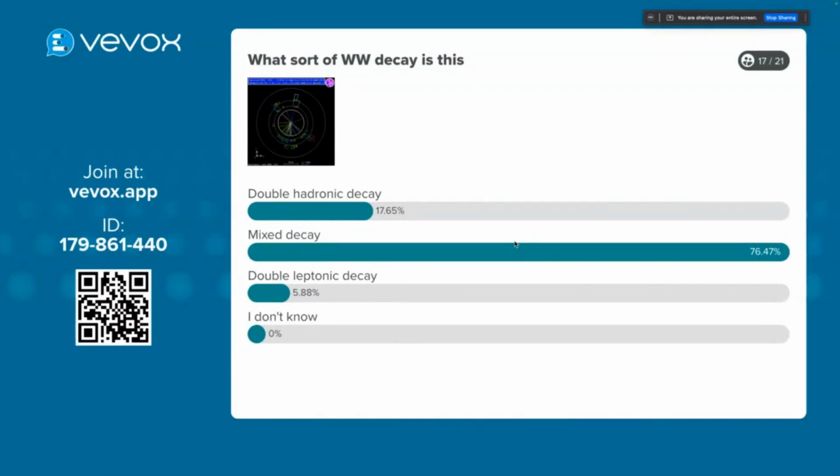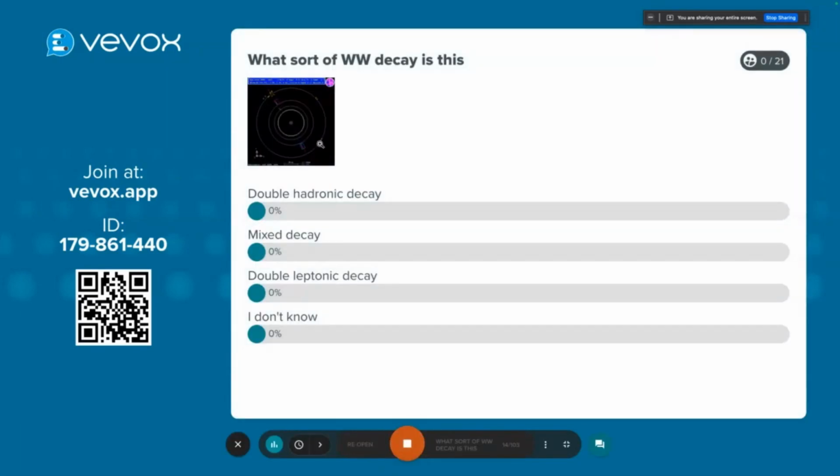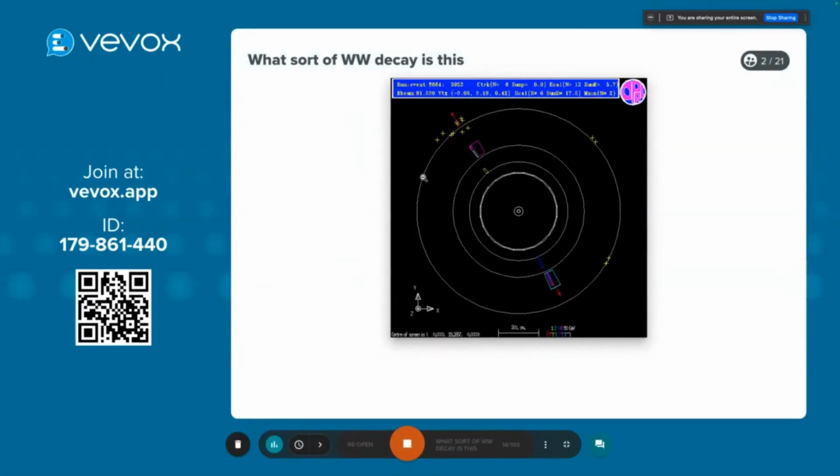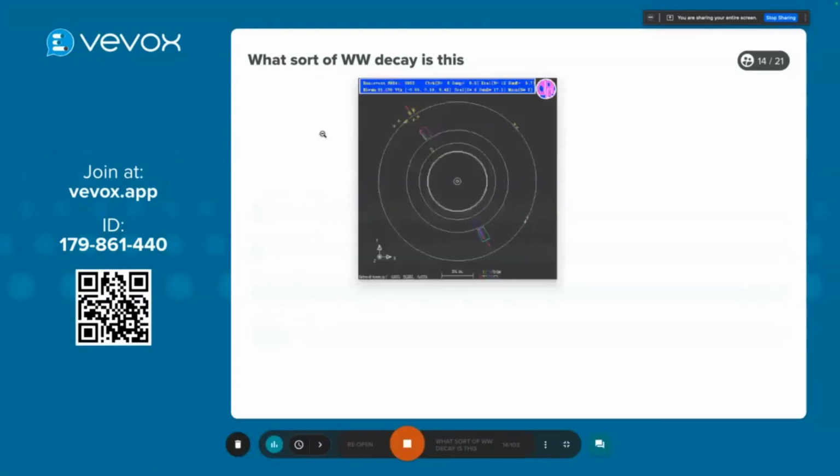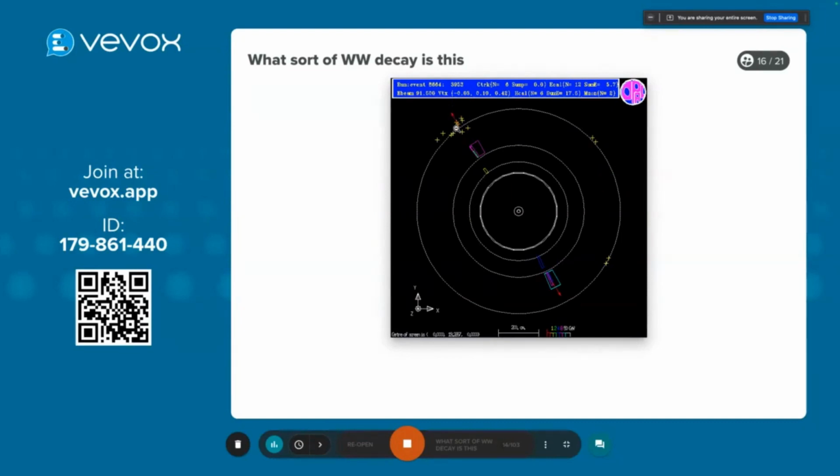All right, so we've gone with mixed for that one. This is a funny one. Yeah, so pretty clear evidence of muons here, as you've all correctly identified.